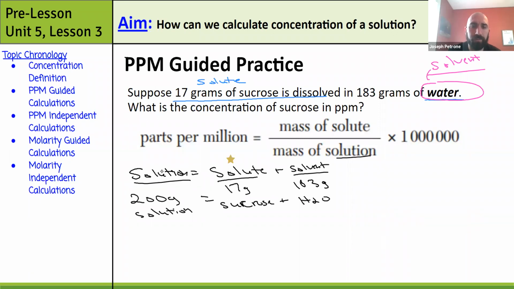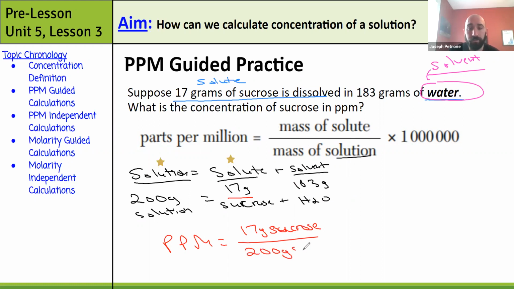So we have our solute, we have our solution, and we no longer need this here. All right, so then let's just run it through our formula. So parts per million is equal to our mass of solute, 17 grams of sucrose, divided by our mass of solution, times 1 million. Don't forget to do that part.